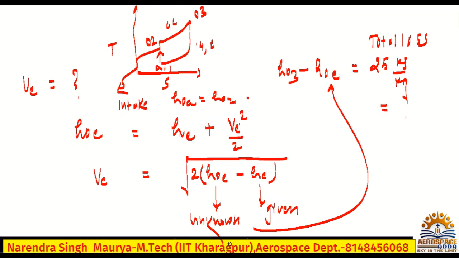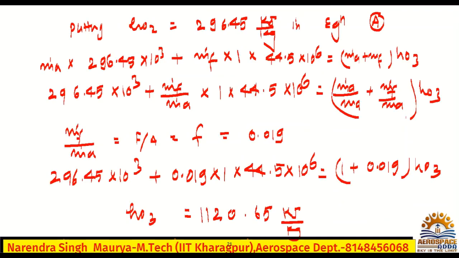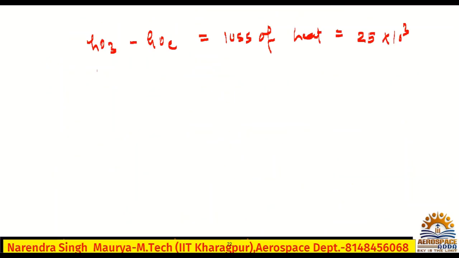Yes or no? Then we'll calculate H naught E. So we'll minus this value minus 25. How much? 1095.65 kilojoule per kg. All right.